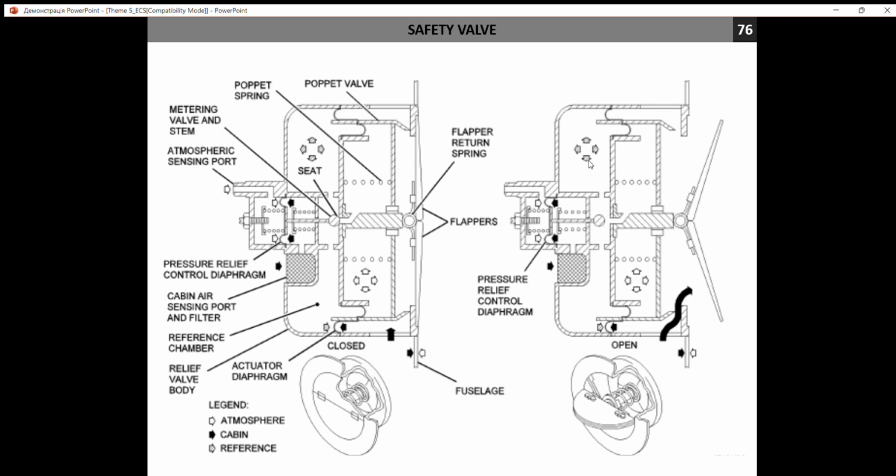Here you may see that air goes through this channel outside, and pressure here may decrease.